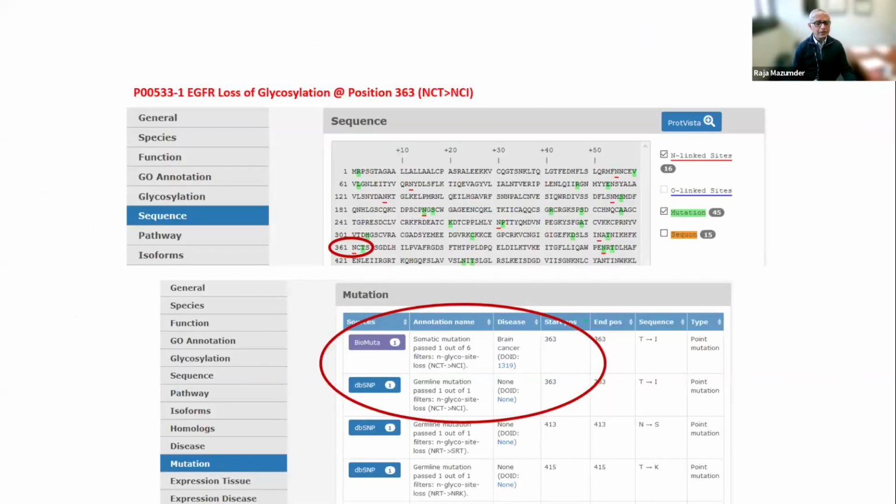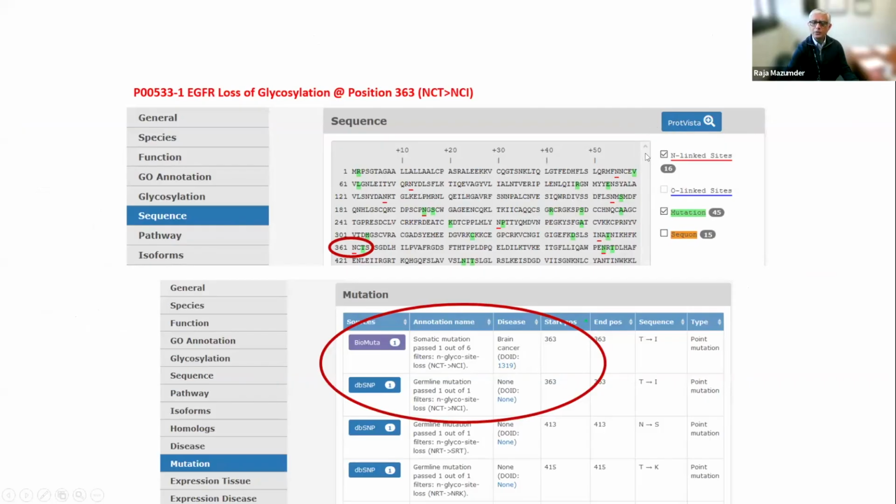So coming back to that example, the EGFR example and loss of glycosylation. When I look at the EGFR entry on the sequence page, I have a similar box on the right-hand side. By the way, you can also click on ProtVista, which is a product from EBI, the European Bioinformatics Institute.